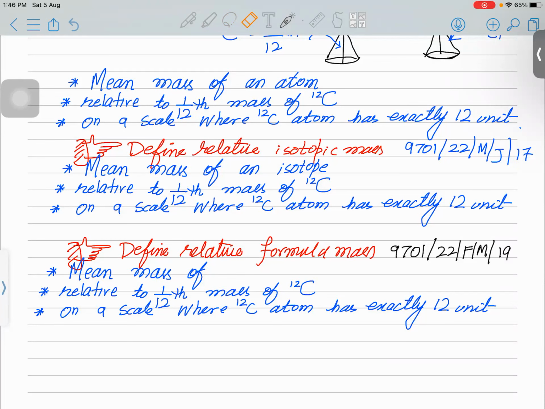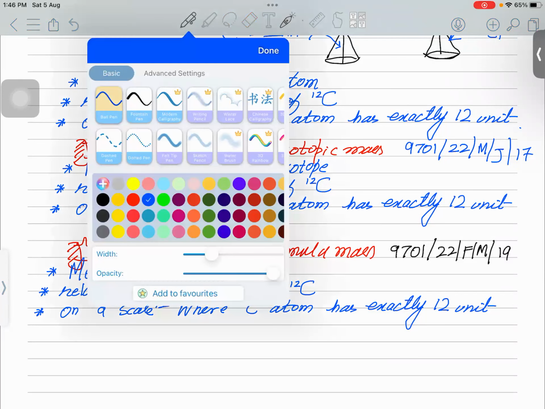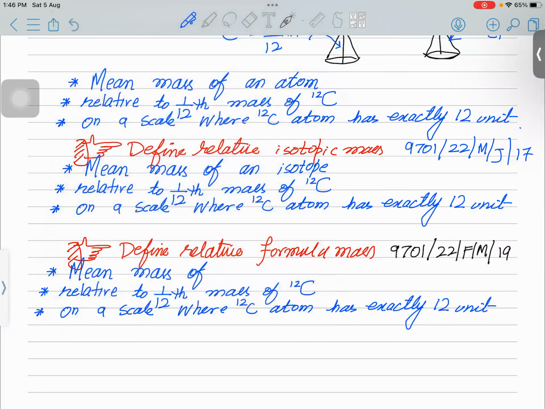Hamza, are you getting it? But okay, so in a formula, then what should I write? Formula unit: mean mass of one formula unit of a species, which may be an ion or a molecule.